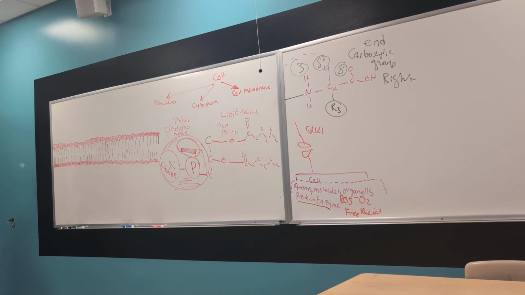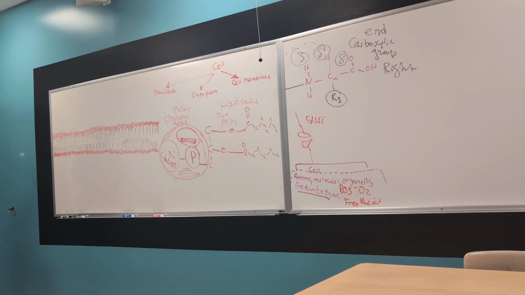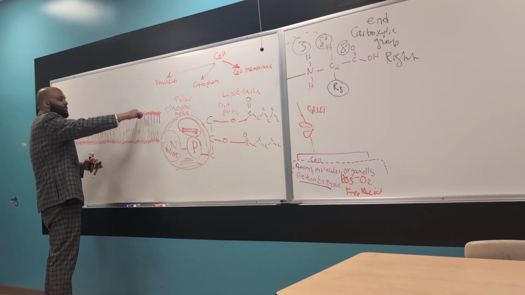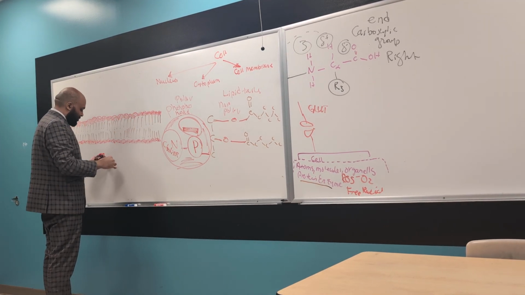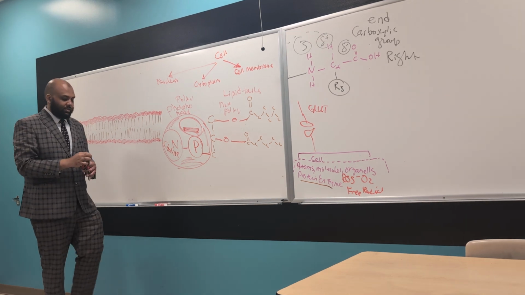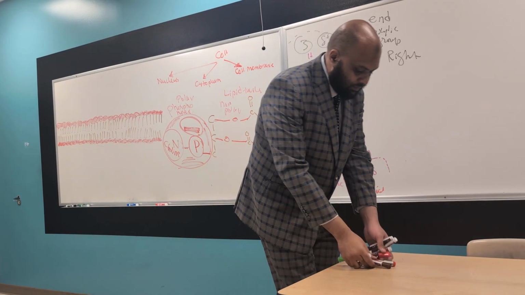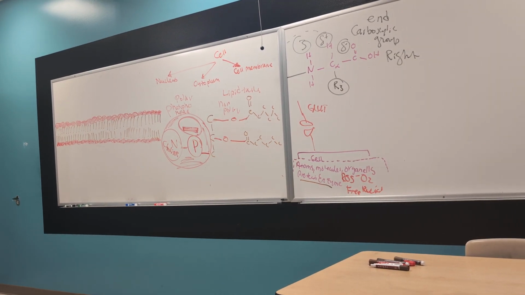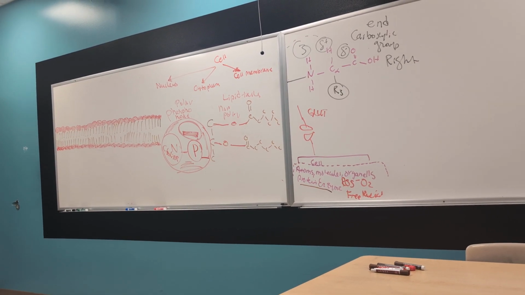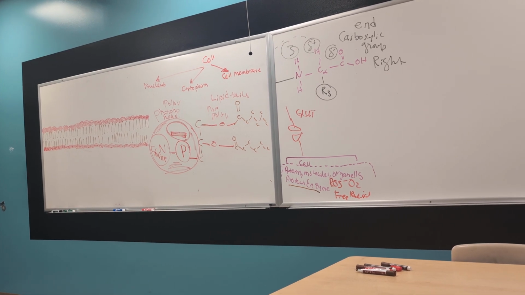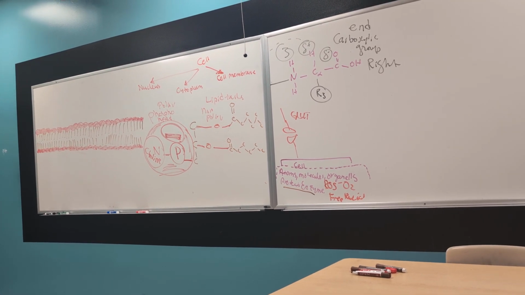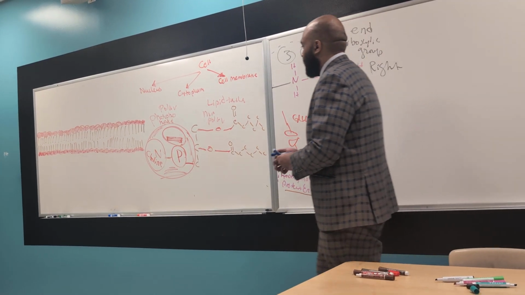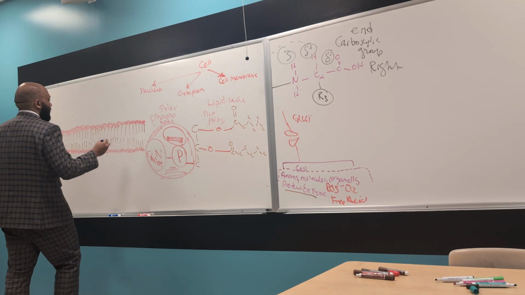So now, in order for me to examine my lipid bilayer, I have to know that I have two kinds of proteins. I have proteins sticking only to the outside, proteins sticking only to the inside, and proteins that are in both.